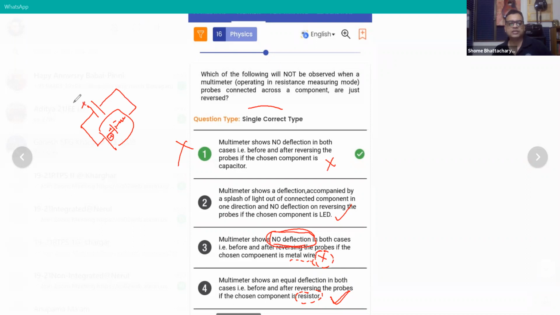In steady state in the capacitor, the current will become zero. So the current is zero. It should show a very high resistance. It should not show no deflection. It should show a very large amount of deflection, which, if you use a digital multimeter, will show you an error because the current is becoming zero.